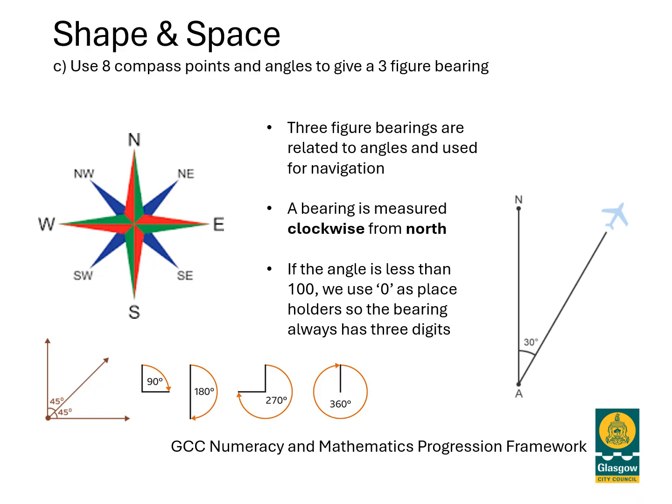And the other thing to say is that if the angle is less than 100, we should use a 0 as a placeholder. So the bearing always should be expressed as 3 digits. So actually, in this case, the plane is flying on a bearing of 030 degrees, or it should be written in that way anyway, a 30-degree bearing.